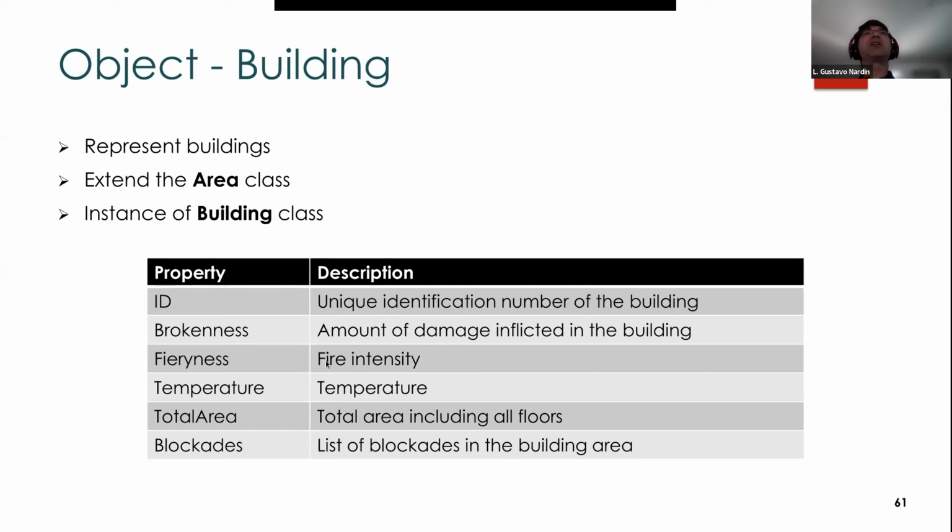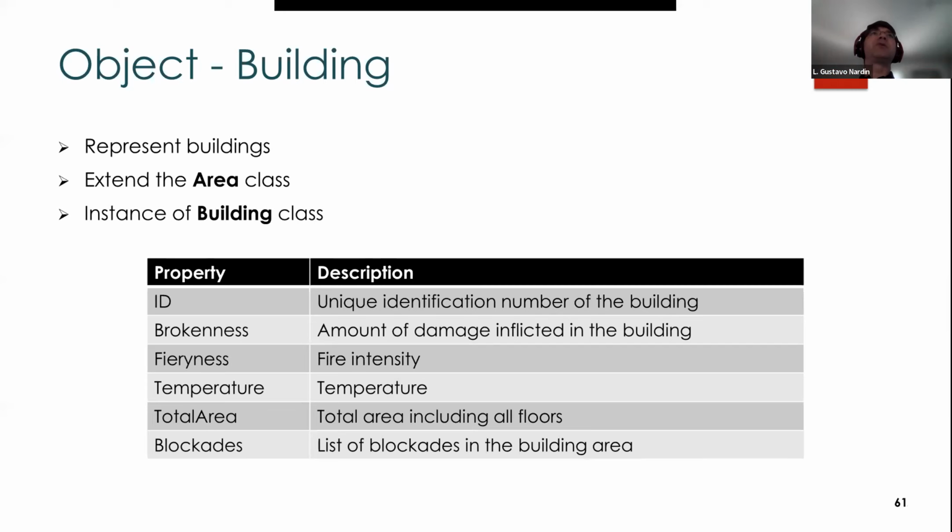If it's on fire, there's a fire intensity or a temperature, because it may not be on fire yet, but the temperature may be increasing, so you can test that. It also has a property for the total area of the building, including all the floors of that specific building. And there is a list of blockades that are in the building area. If the building collapses, it generates some blockades internally.